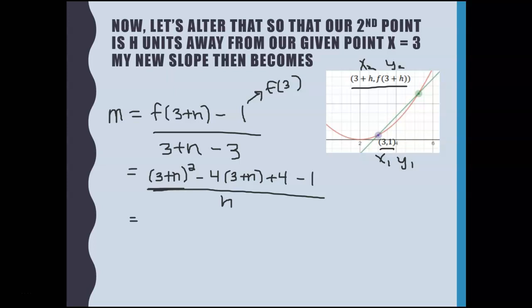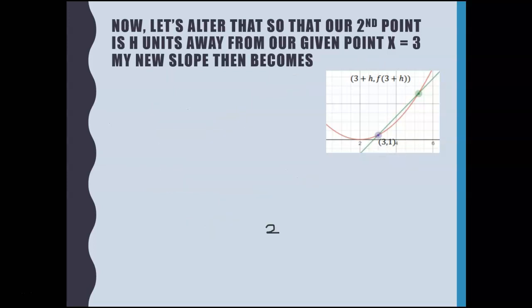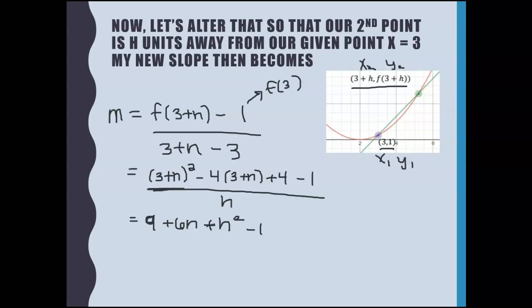FOIL out 3 plus h squared, so you get 9, 3h plus 3h is 6h plus h squared, minus 12 minus 4h, plus 4 minus 1, all over h.